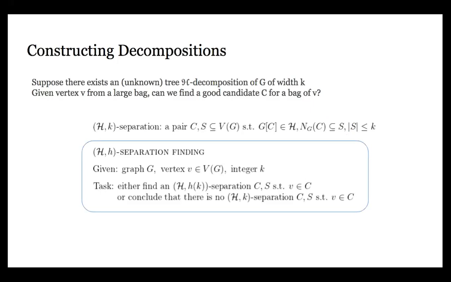Here we are given a graph, a vertex, and an integer k, and we either want to find a separation (C, S) so that V belongs to C and the size of S is at most h of k, or conclude that there is no such h-k separation. So this function small h is the approximation factor in this subproblem.